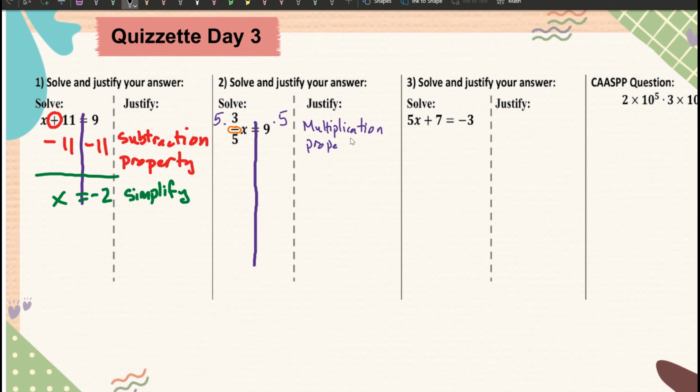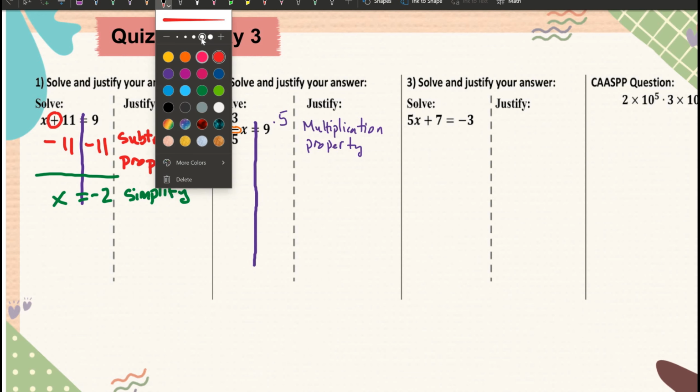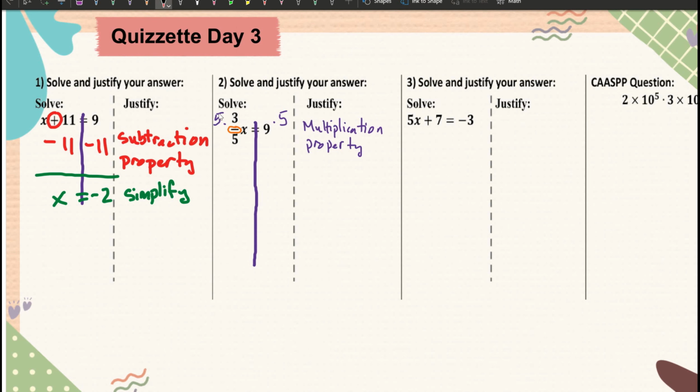When you multiply 5 to both sides, the goal is to cross out the denominator. 5 times 3 is 15, divided by 5 gives you 3x equals 9 times 5, which is 45.